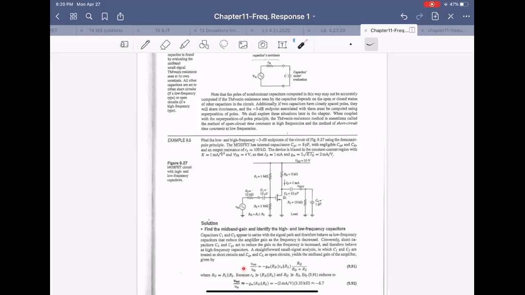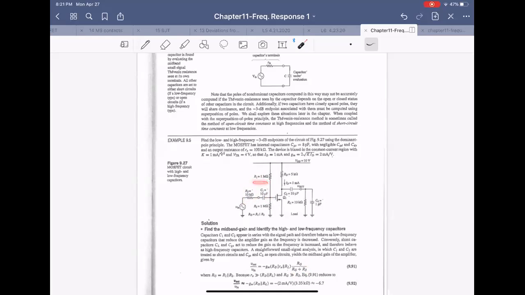So Vout over Vin is like minus gm times this, RD, RL, RO in parallel, right? If RO is so high, we can ignore it, RD parallel with RL. And how much voltage will go from Vin to the gate here, we have to consider RS. So this RG, R1, R2 in parallel, divided by RG plus RS. Okay.